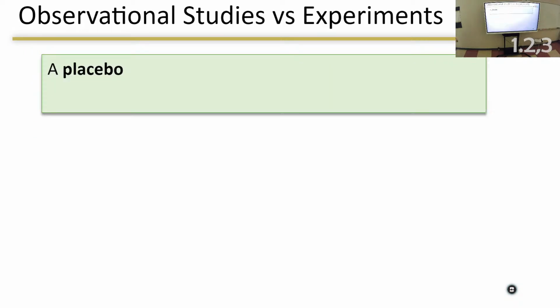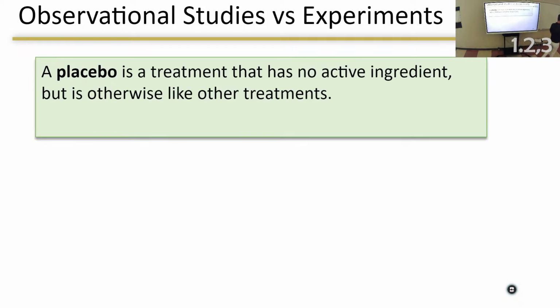Placebo. It's a treatment that has no effect. Treatment that has no active ingredient. You can only give placebos to humans. A tree doesn't care if it has an active ingredient or not.